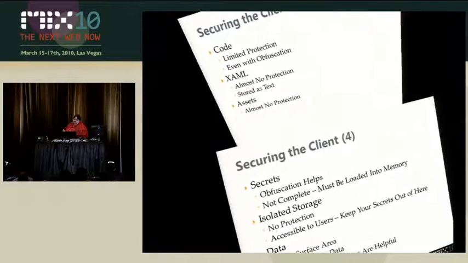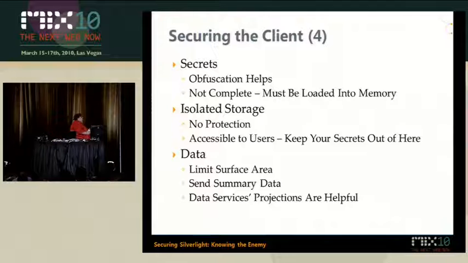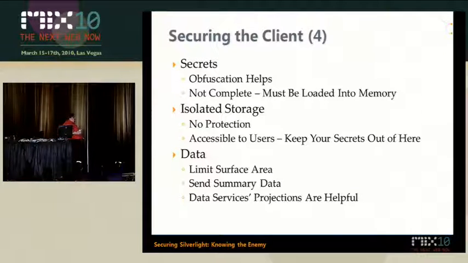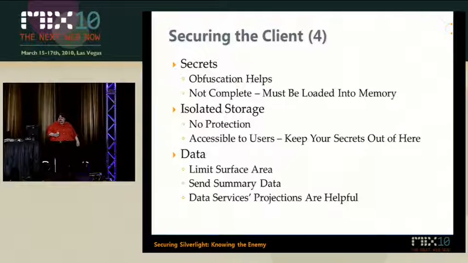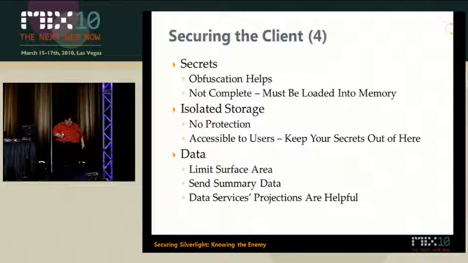So let's talk about secrets. I've been teaching Silverlight for a long time now. At least it feels like a long time. And a lot of the students we have are people that have been using WCF for a while. And one of their first complaints is, what do you mean WCF doesn't work out of the box with Silverlight?